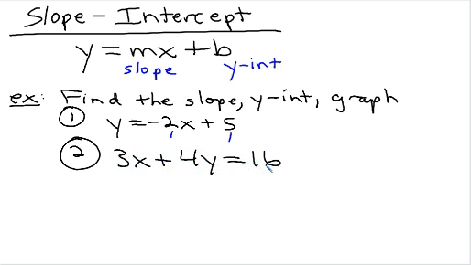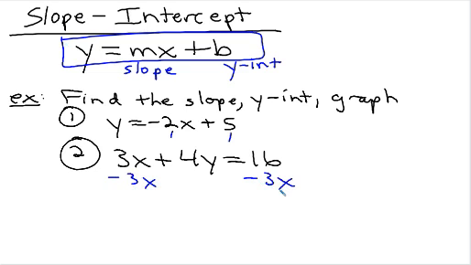This one is not in slope-intercept form, so we've got a little bit of algebra to do first. I need it to be in this form. So I need to subtract 3x first. And I have 4y equals negative 3x plus 16.